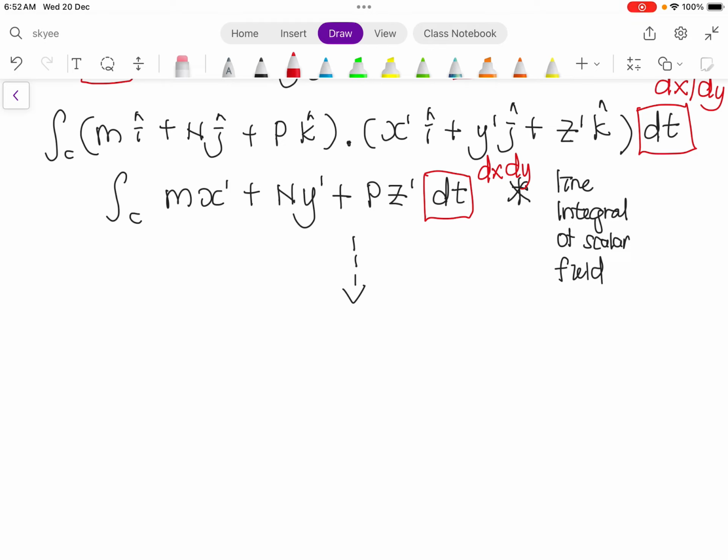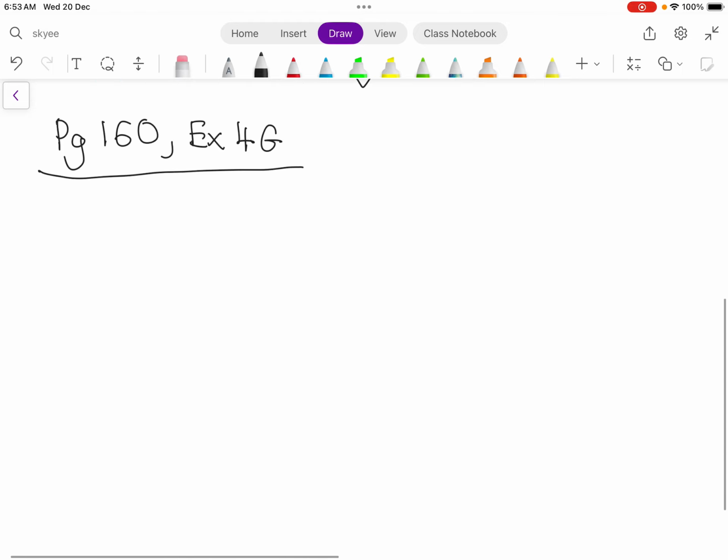We look at an example in the module, on page 160, exercise 4G.